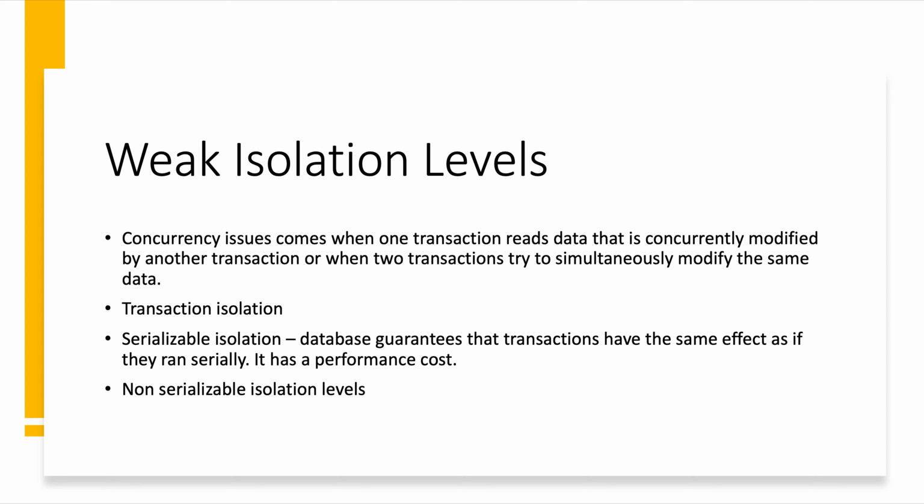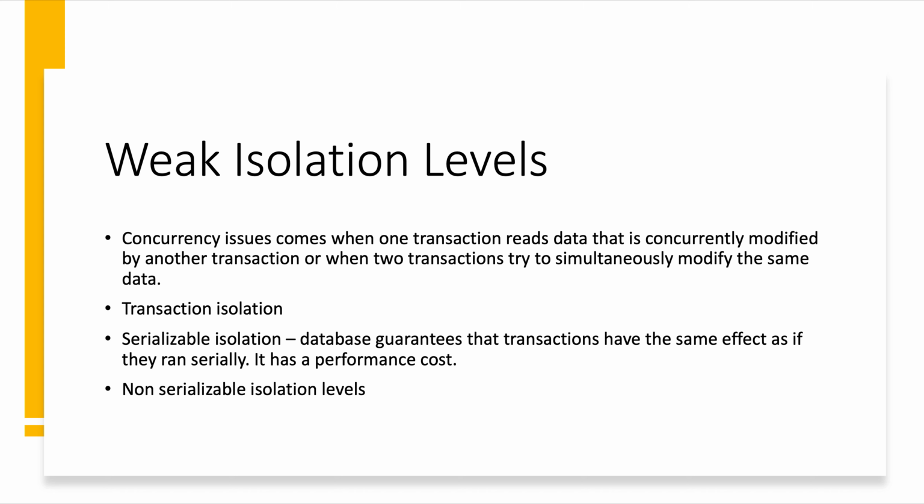But serializable isolation has a performance cost and many databases do not want to pay that price, and it's therefore common for systems to use weaker levels of isolation which protect against some of the concurrency issues but not all of them. And those levels of isolation are harder to understand and can also cause various issues.